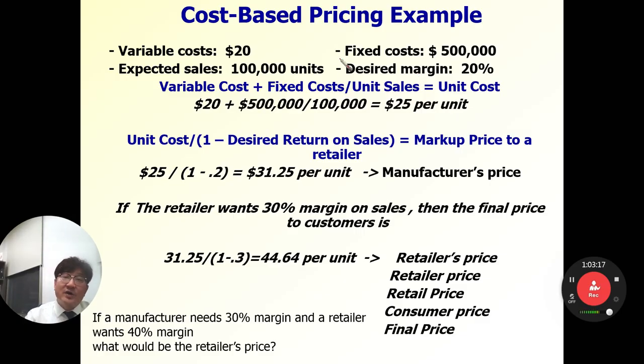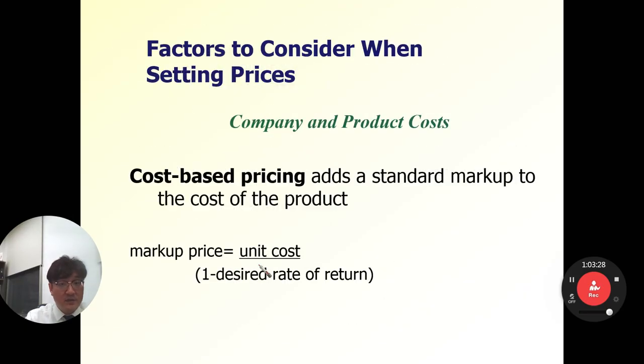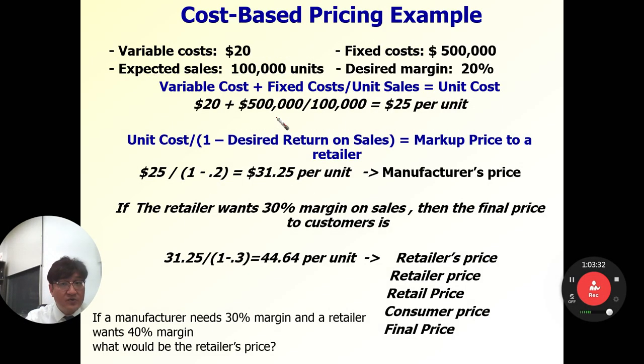So if you want to calculate the final price in cost-based pricing, you need to calculate the unit cost first. How to calculate the unit cost? The variable cost is $20. Then you need to add the fixed cost per unit.